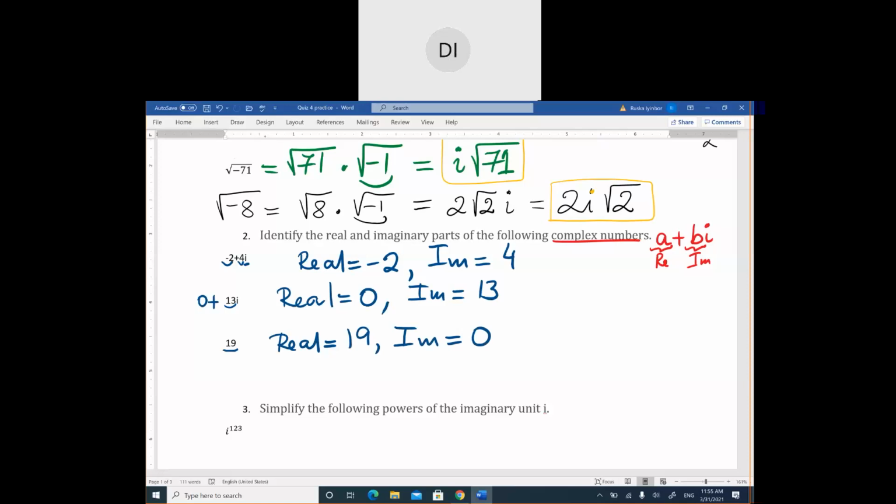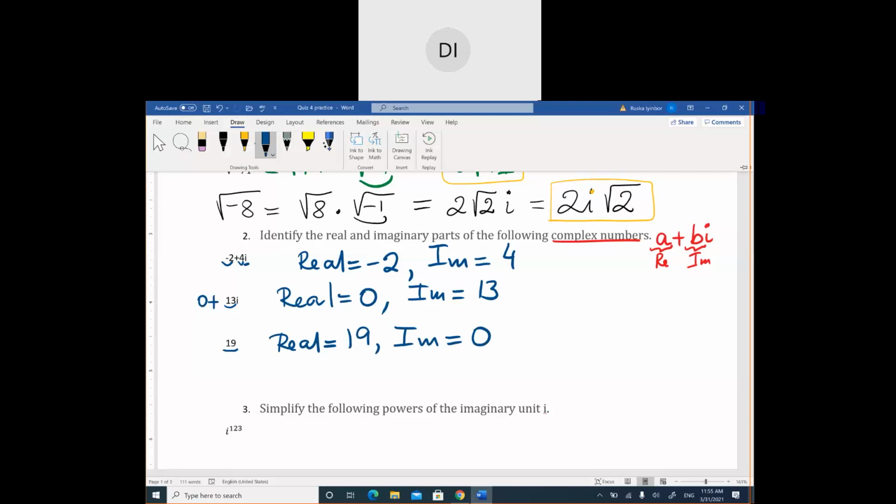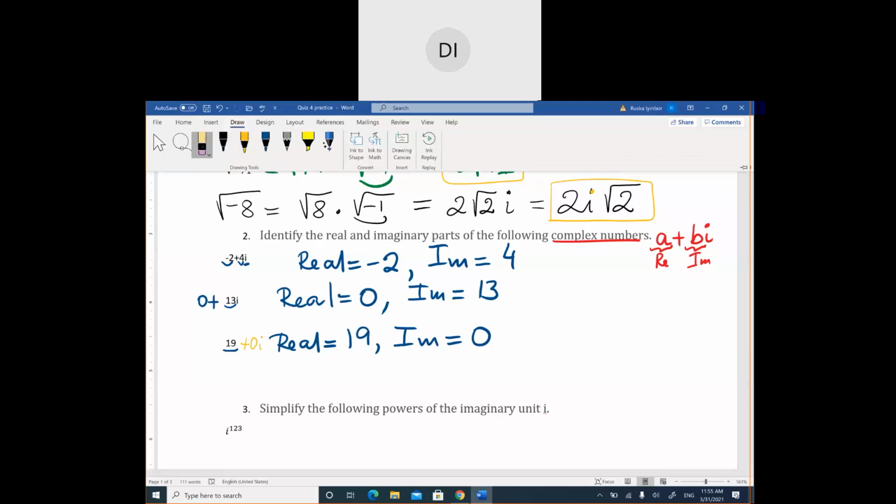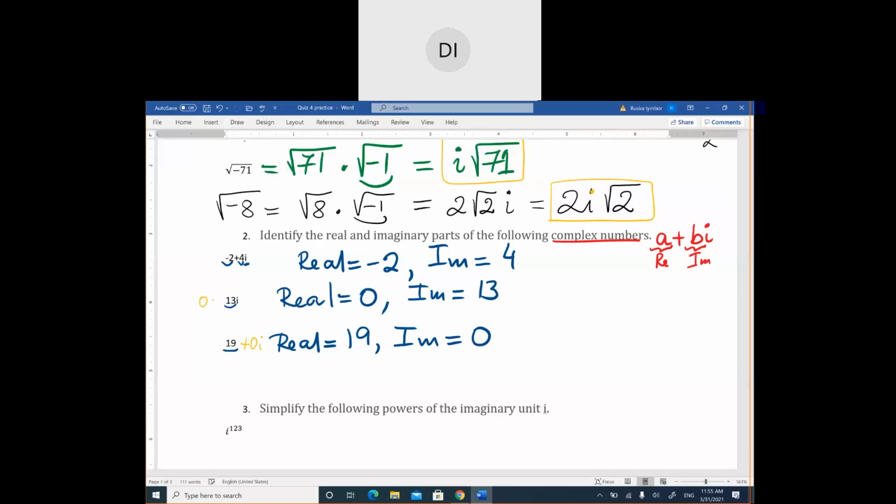So here I can just put plus an invisible 0i, right? The same way you have an invisible 0 in front of the 13i. Okay? So that's how you do it, nothing else. You just have to differentiate which one is the real and which one is the imaginary part. Okay? So that was number 2.